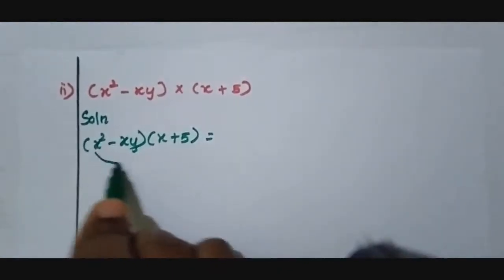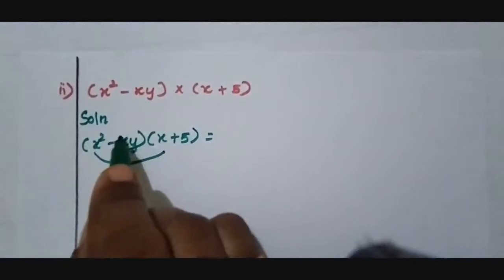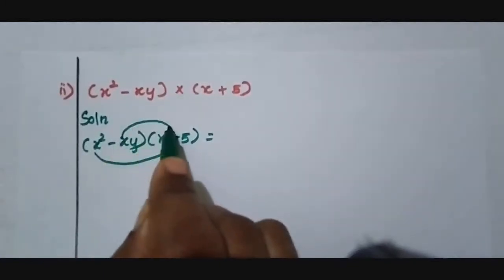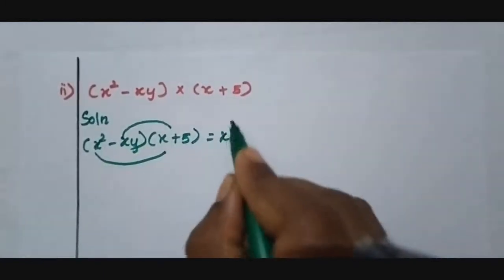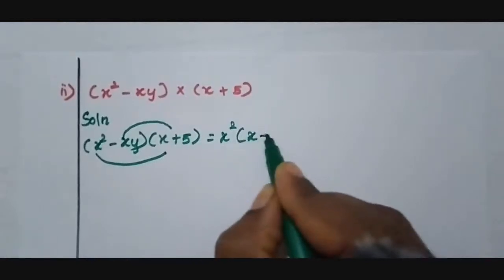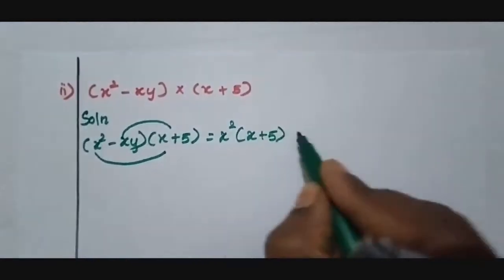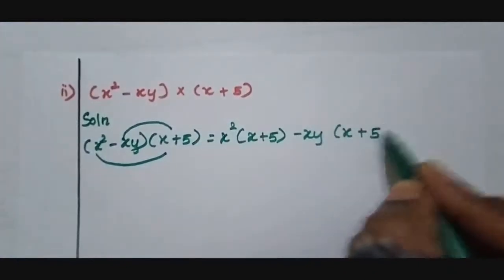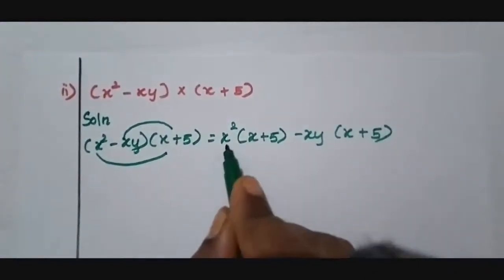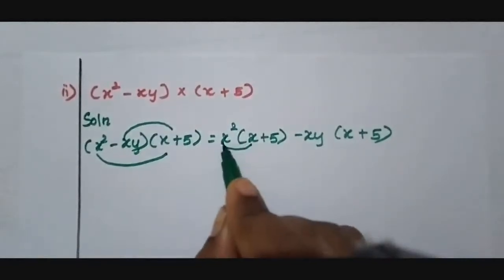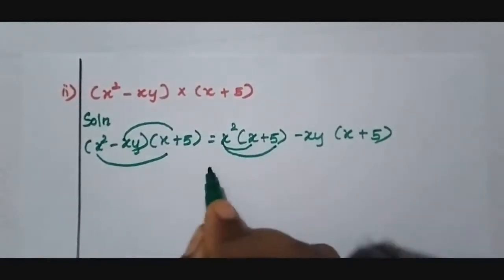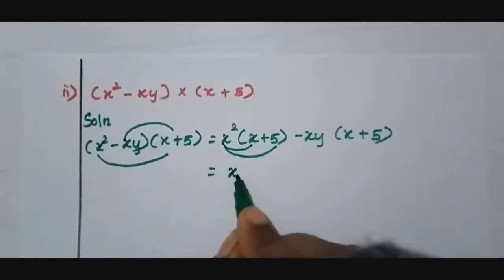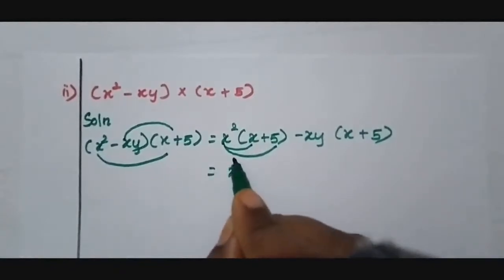Multiply this x square with the second expression and multiply this minus xy with the second expression. x square into x plus 5, minus xy into x plus 5. Now multiply this x square with the terms inside the bracket, x square into x and then x square into 5. When it is in multiplication, you can add the powers.